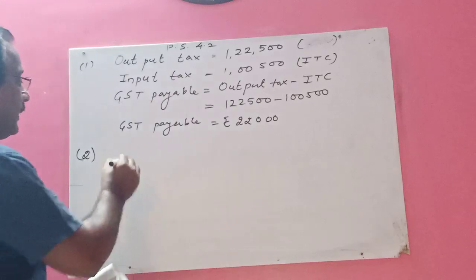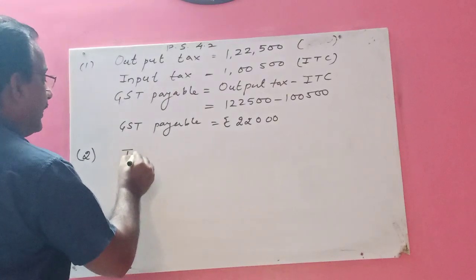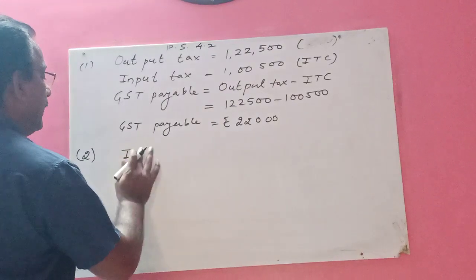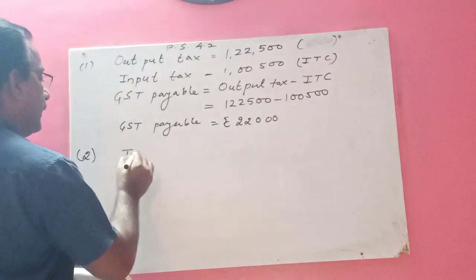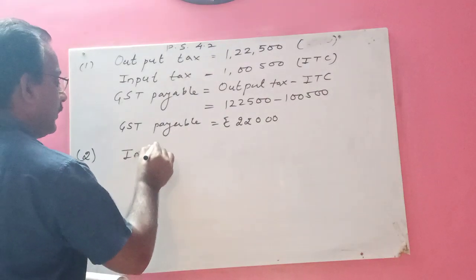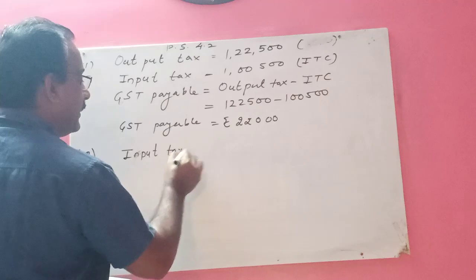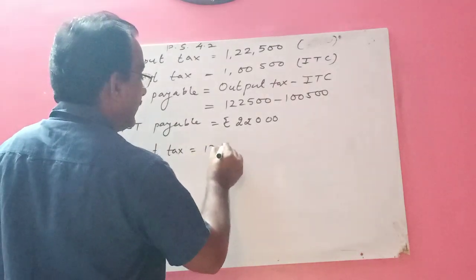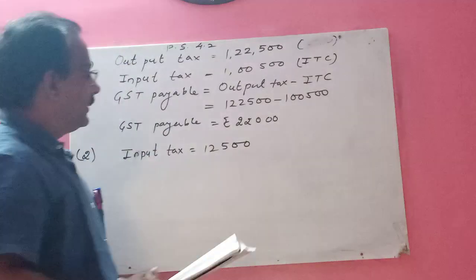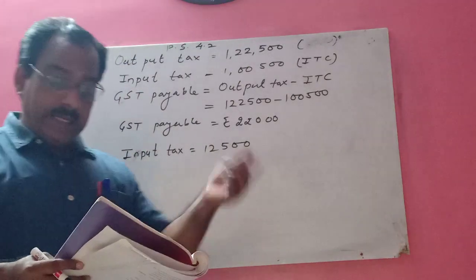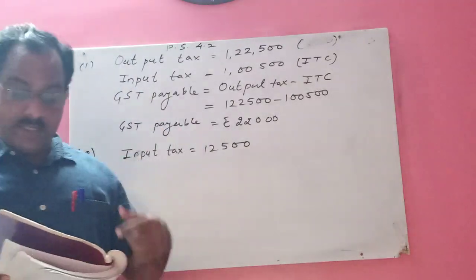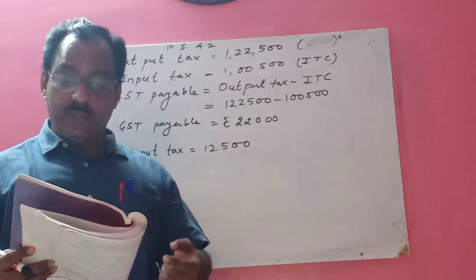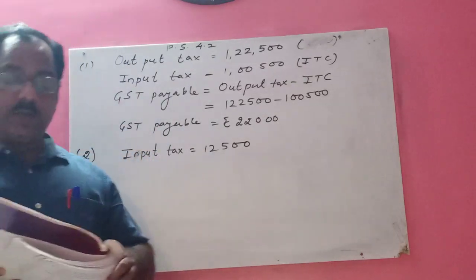So here, second question, write down the things which are given here. Input tax is how much? 12,500, children. Got it? And again Nazma had collected rupees 14,750 on sale.